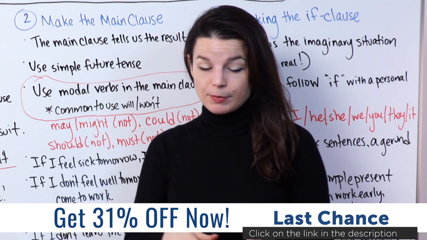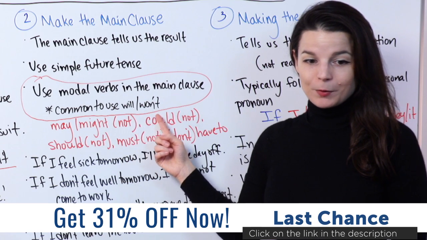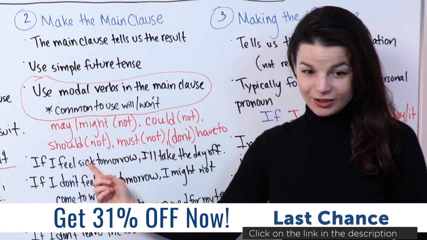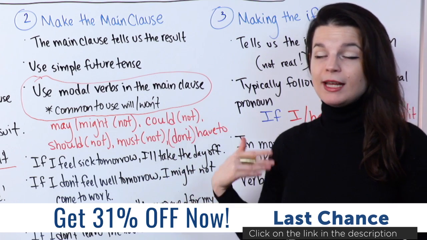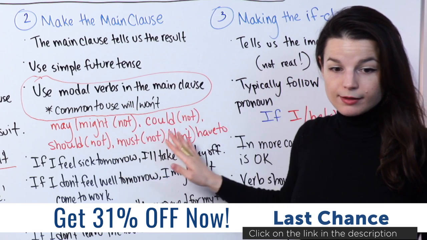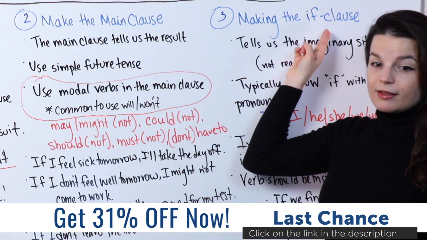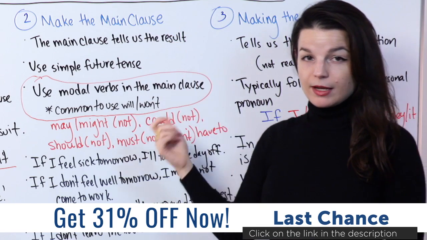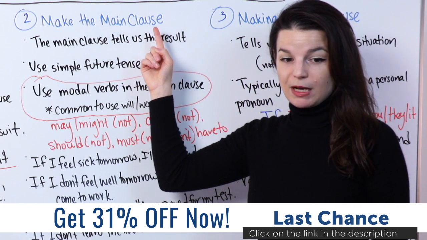This is today's really big point. A reminder, modal verbs are words like will, won't, may or might not, could or could not, should or should not, must not, or other things like have to, need to, don't have to, don't need to. All of these words should be in your main clause, not in your if clause, for today's lesson. So please remember this as you practice making your example sentences. These words, main clause. That's today's big point.